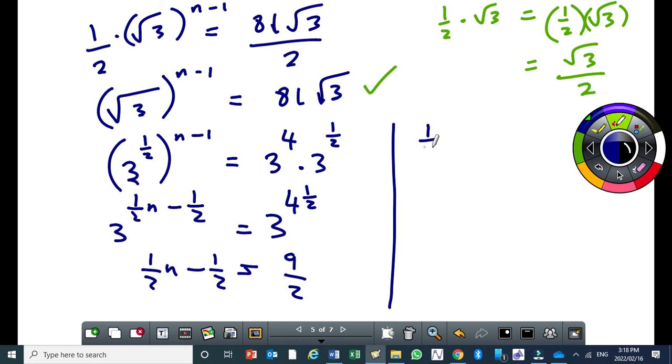So I'll end up having a half n is equal to 9 over 2 plus a half, which will give me 10 over 2. Then I can write this as n over 2. It's the same. A half times n is the same as n over 2. Now that the denominator is the same, the numerators are equal. So I can say n is going to be equal to 10.